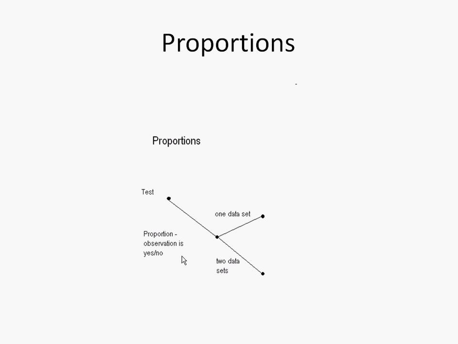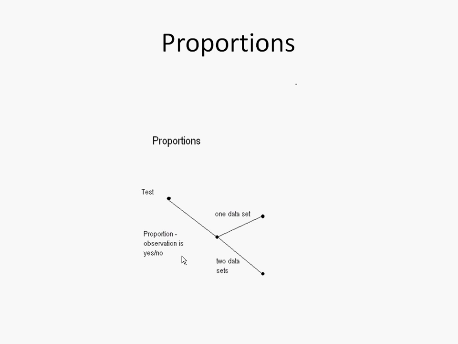We do have to ask ourselves if our data comes in one data set or two. Now, the way you find this is by reading the question and finding out if you have two separate sets, like last semester versus this semester for percentages of women, or say whether we're just going to test this semester's proportion of women in this class relative to what the MBA consortium says as our percentage of women in the whole program, in which case we have one data set and we compare to one known point.